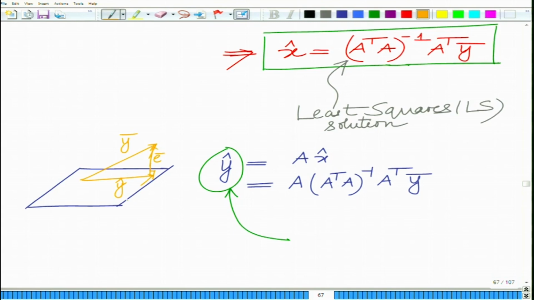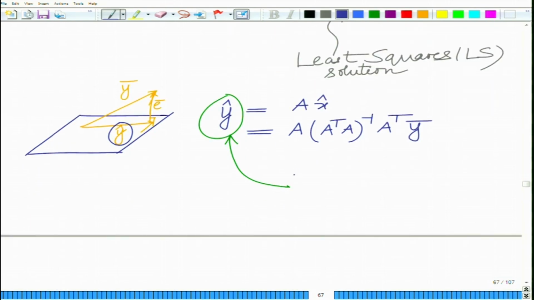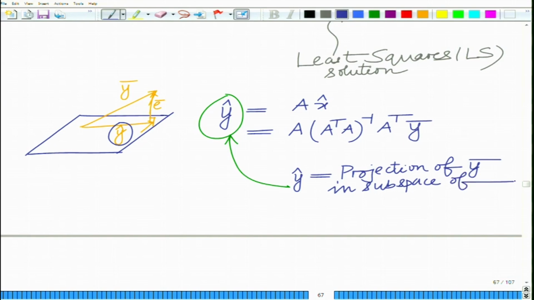Okay. And therefore, what is y hat? Now, y hat you can see is the best approximation to y bar in the plane, or you can also say y hat is the projection of y bar in the plane or subspace spanned by a1 bar, a2 bar, an bar, and this matrix is giving you the projection.